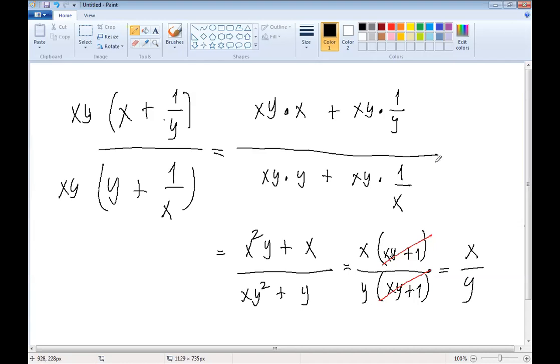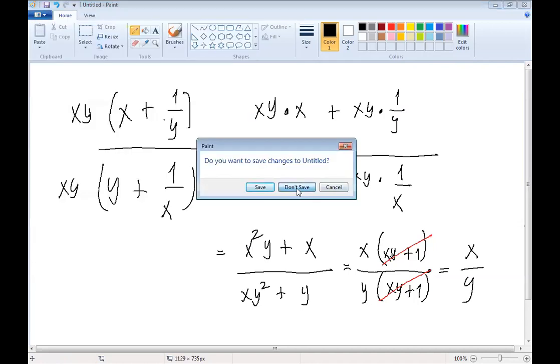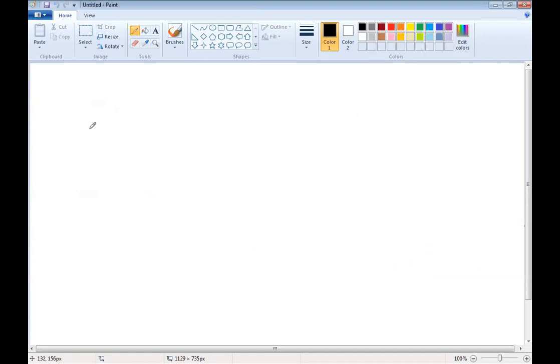Okay, next one. Next example. For example, we have 1 minus 4 over x squared, all over 1 minus 1 over x minus 6 over x squared.